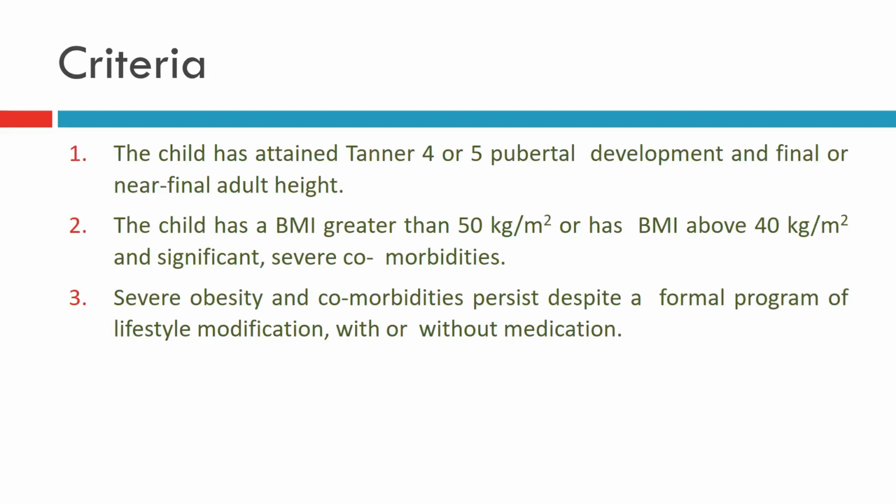Then the surgeon can do the surgery. Third, severe obesity and comorbidities persist despite a formal program of lifestyle modification with or without medications. So these are the criteria the surgeons have to follow.